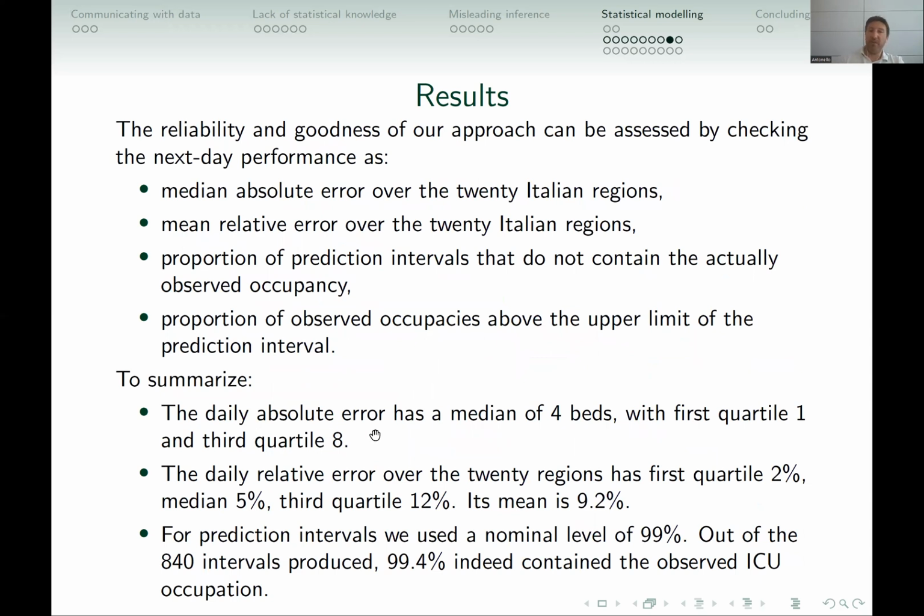Results were very good. The daily absolute error has a median of 4 beds, so plus or minus 4 beds, and the quartiles are between 1 and 8 beds. So we believe that it was quite fine, and 99.4% of times over 840 intervals, the observed number of ICU hospitalizations was included in the intervals.